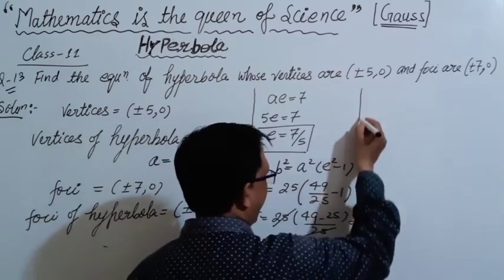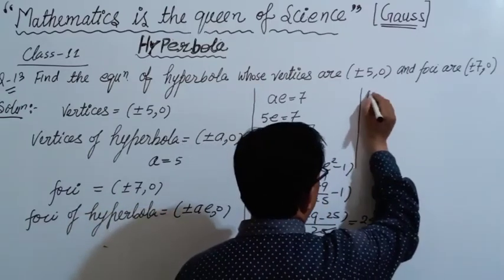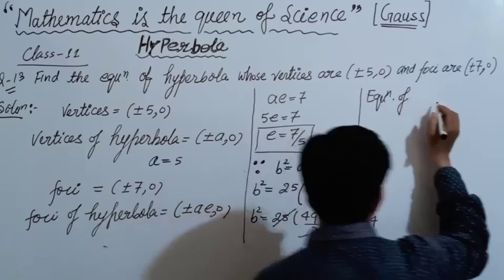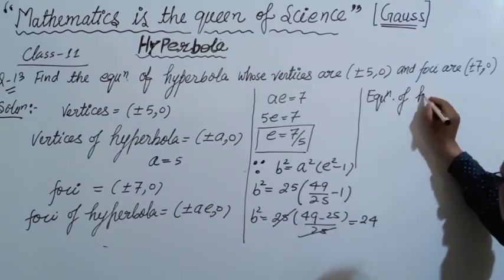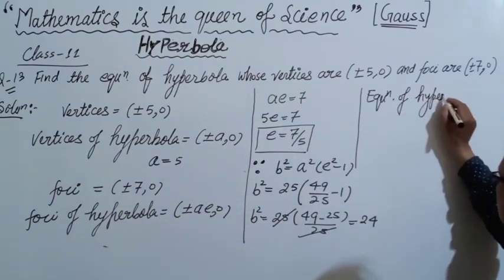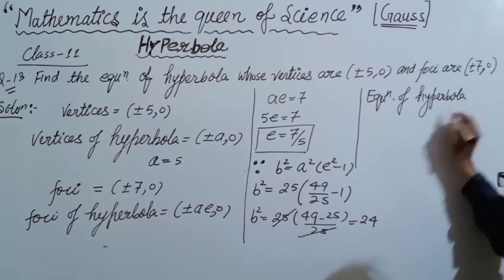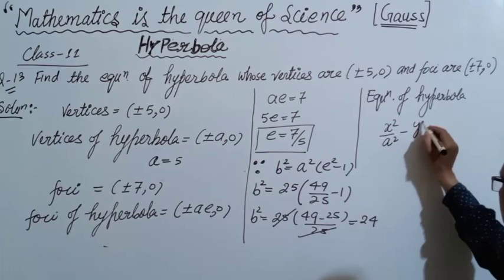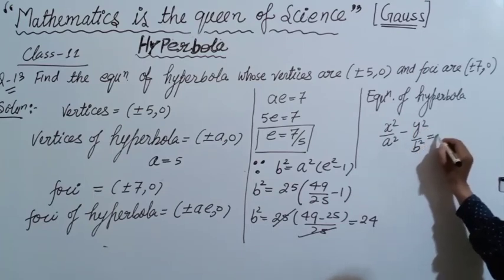So here we write the equation of hyperbola: x square upon a square minus y square upon b square is equal to 1.